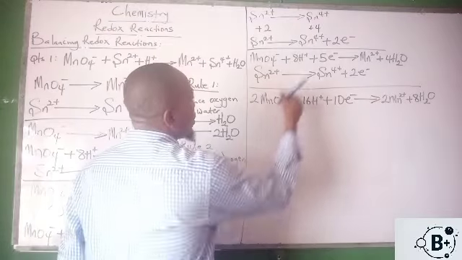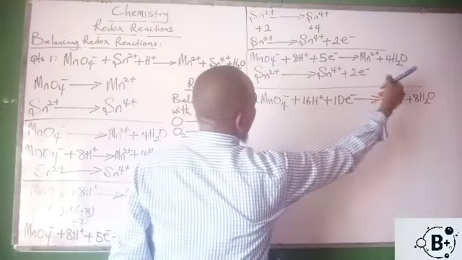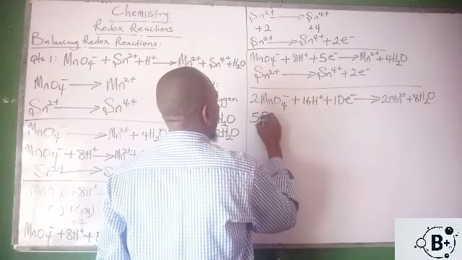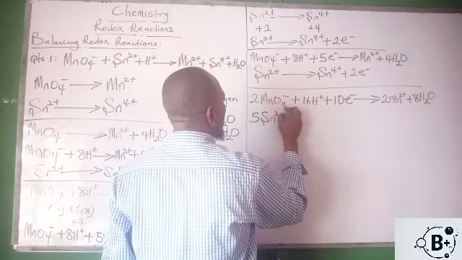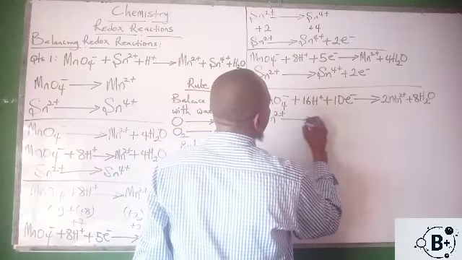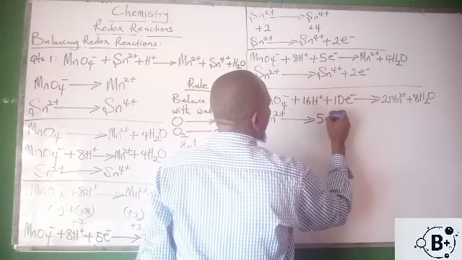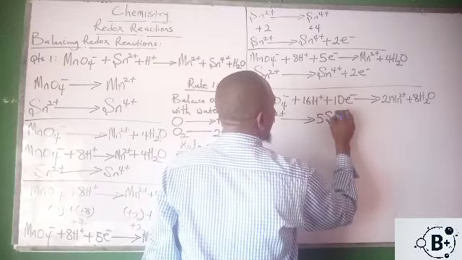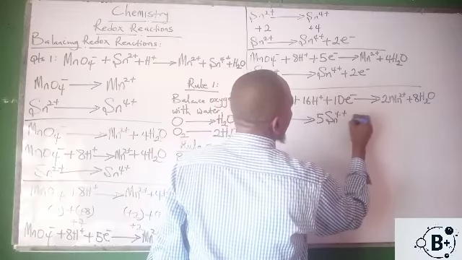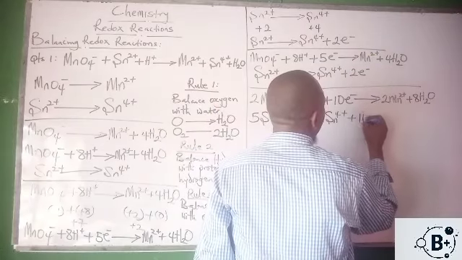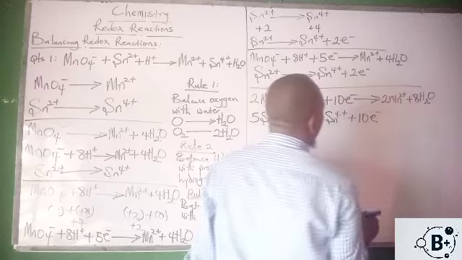Then after that, on this side, we are multiplying everything by 5. So this becomes 5Sn2+ giving us 5Sn4+ plus 5 times 2, which becomes 10e-.